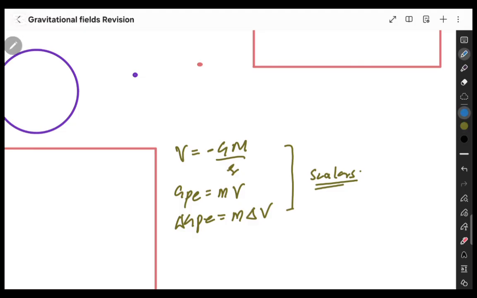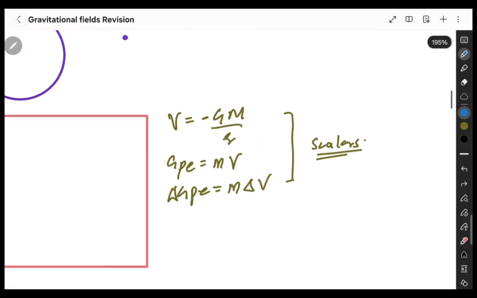The reason that our gravitational potential is negative, and even when you see the gravitational potential energies, they will also give you a negative answer, is because this value here will be negative. So if you plug it into the formula down here, then you'll also get the gravitational potential energies being negative as well.